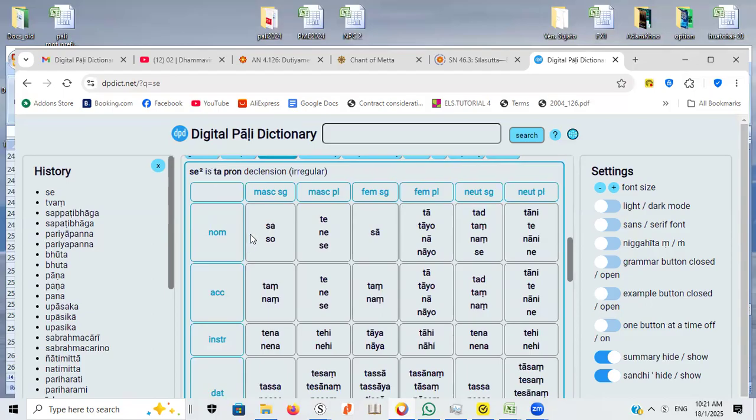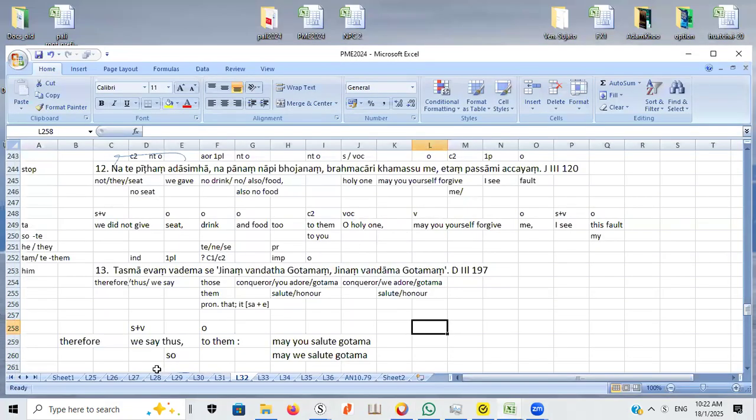If you look at the word "sa" and "so," that means this comes from the same stem of "ta." Can you see there is the word "say" here, and there is also "nay"? But usually we don't get this declension. They say, this is the accusative and nominative. So in this case, it can be "they" or "them."